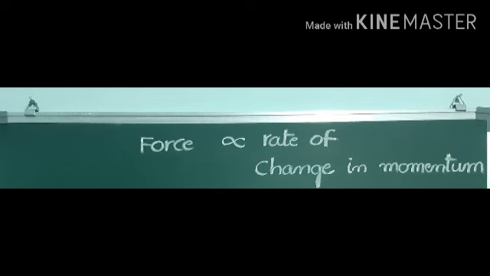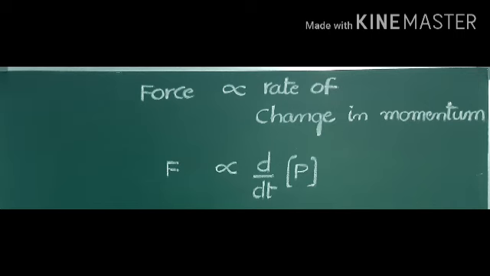We know that in Newton's second law, the force is directly proportional to the rate of change in momentum. Rate of change is nothing but, in calculus, differentiation, that is d by dt. So F is directly proportional to d by dt of momentum, symbol P.